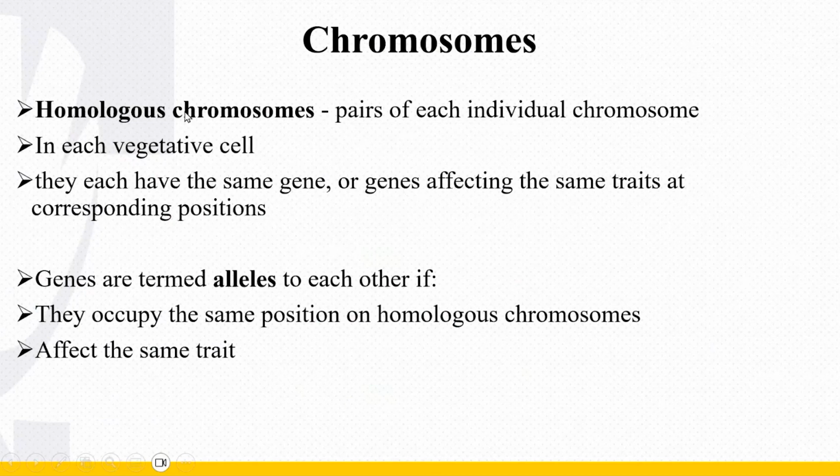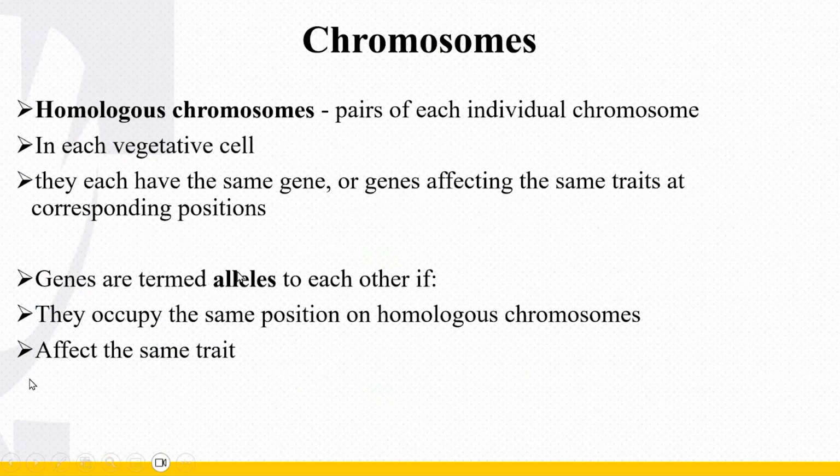Within those, we have homologous chromosomes, which are the pair of those chromosomes. In the vegetative cells, they've got the same gene affecting the same trait in the same corresponding position. That is also all combined within the genetic material of that gamete or sex cell, that 1N haploid.